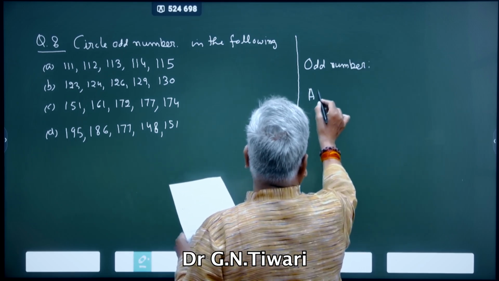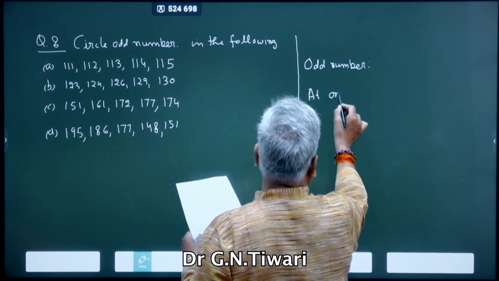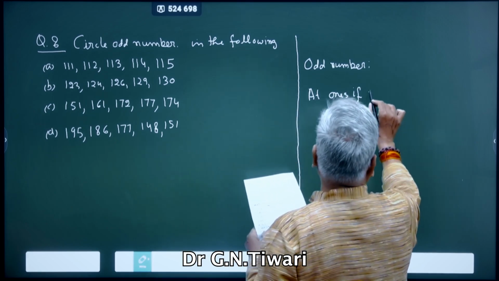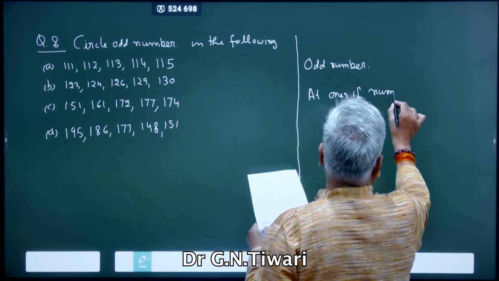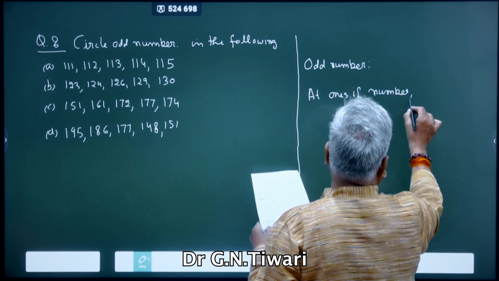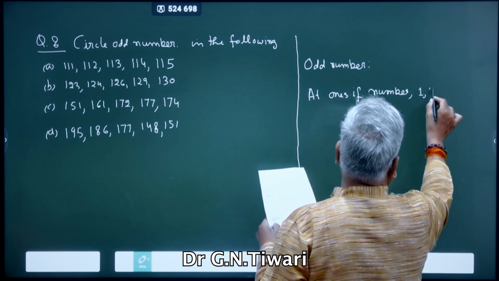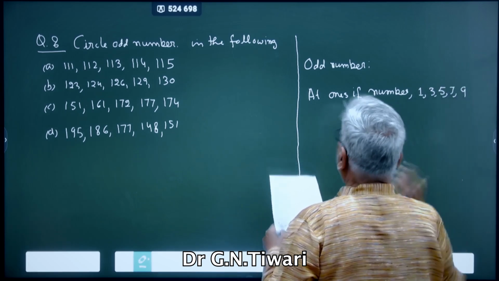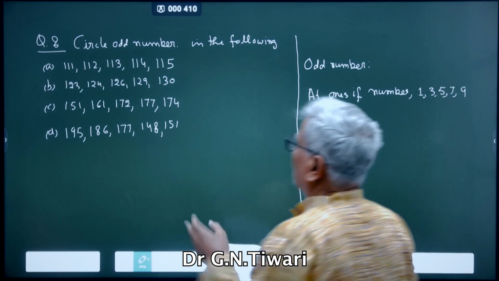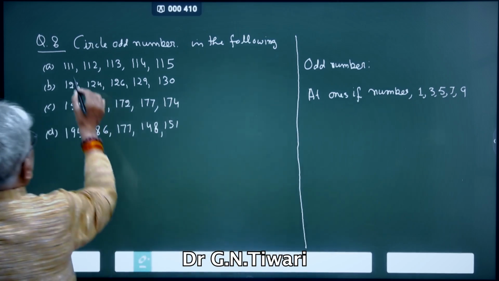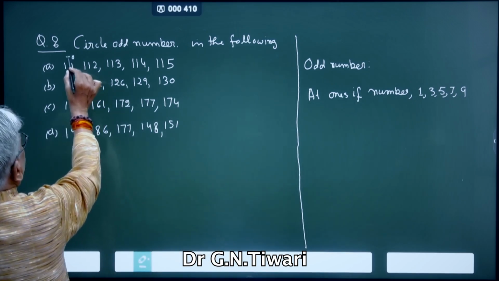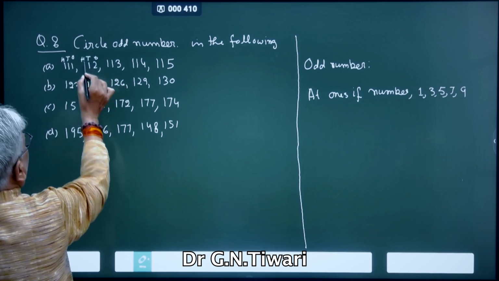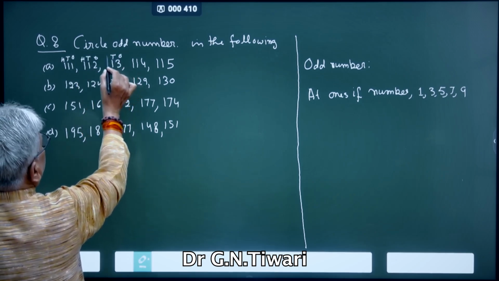At O, at once, if the number is 1, 3, 5, 7 and 9, these are the odd numbers. So here you write O T H. I am doing one for you, but all of you have to write O T H.